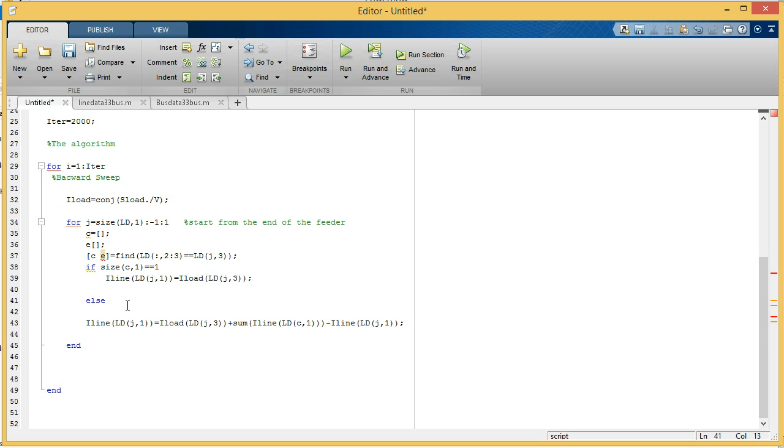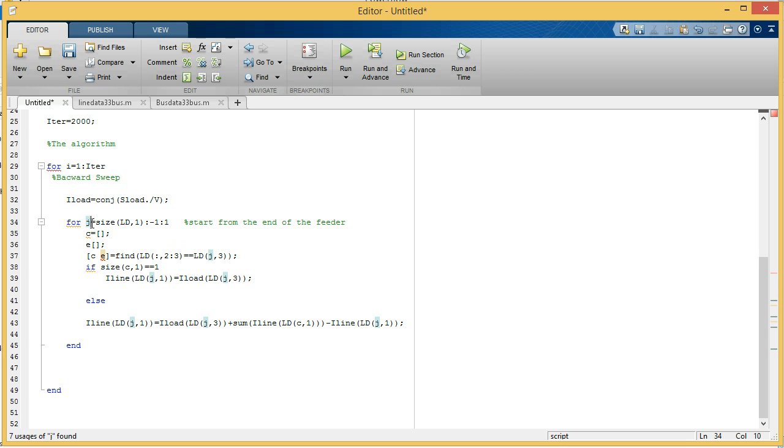So this is the end of the backward sweep. Let me explain from here where we left. So in here we define two matrices which we will need later, and here we find all of the values in the second and the third column of the LD, which have the value equal to the line that we are assessing right now, which is LDJ3.